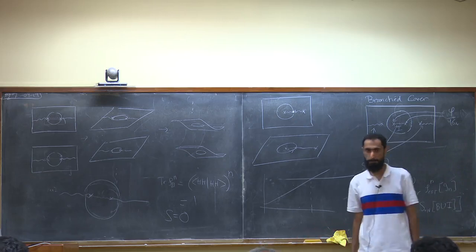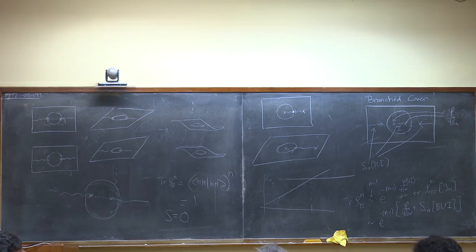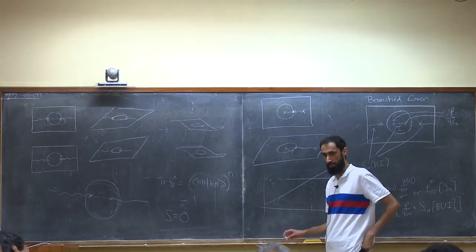The ground state entropy, S naught, played no role. That's probably because when you say you're past the Page time, you've built up so much entropy that it doesn't matter.